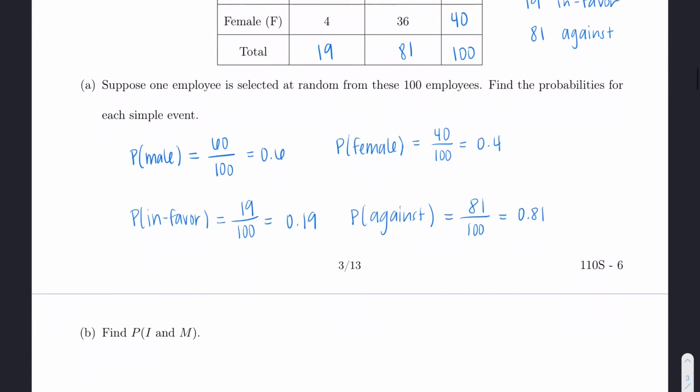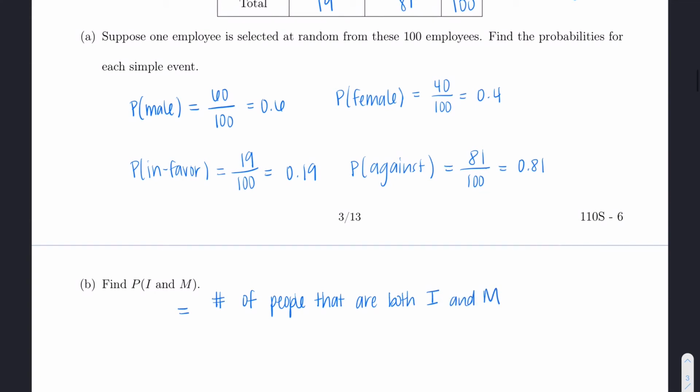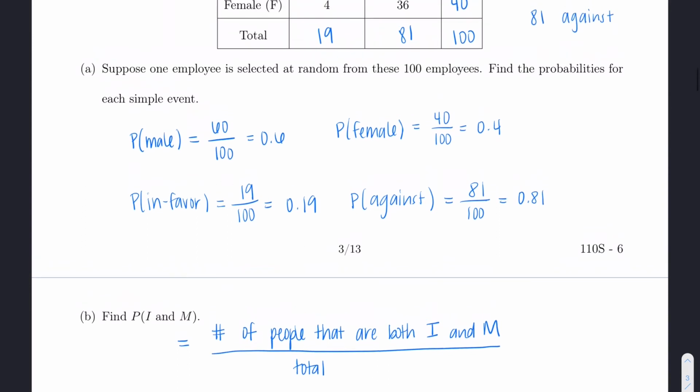This is going to equal the number of people that are both in favor and male. I'm going to use the shorthand again, and I'm still going to divide it by the total, right?